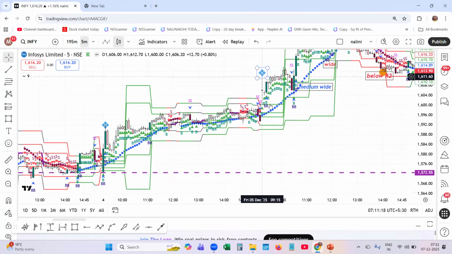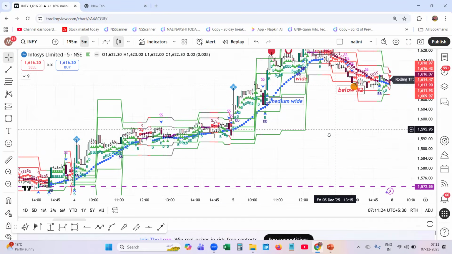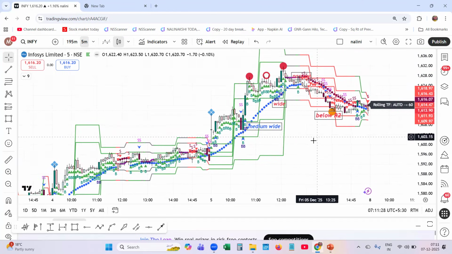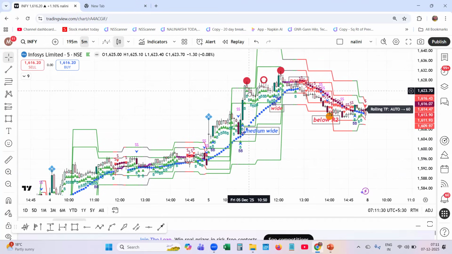This is the third time it has come out of all the R3s. You can see over here, after the third phase, the market did not go outside. Here, it could not go above the R3. This is a trend exhaustion.